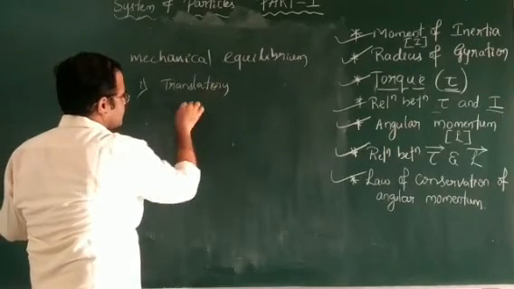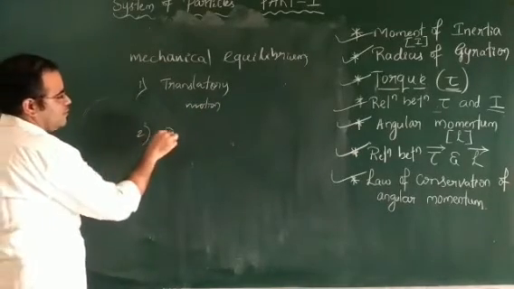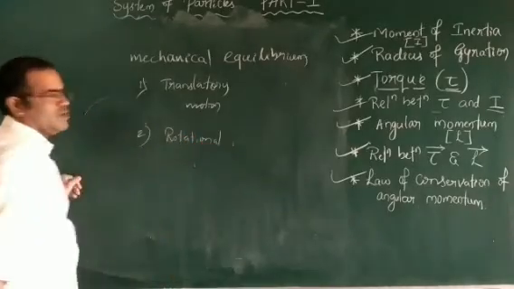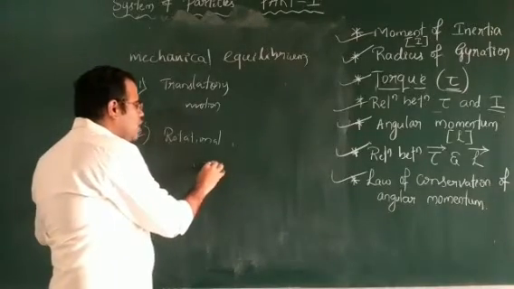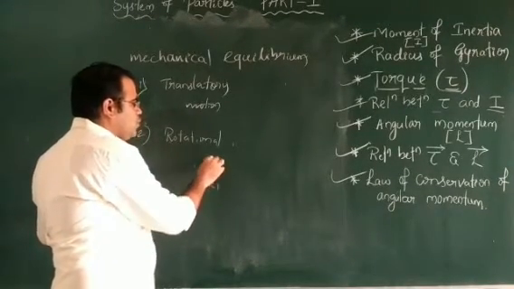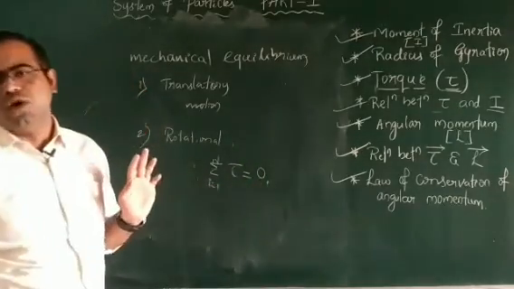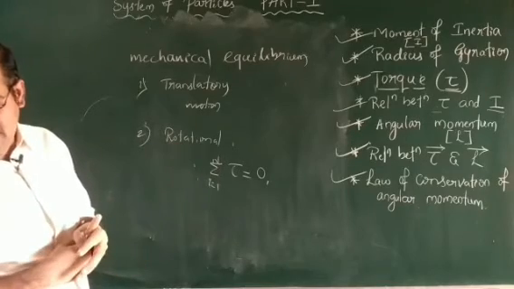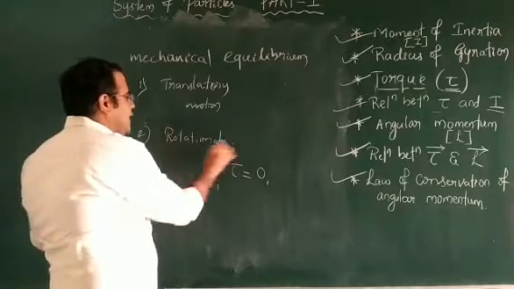The first one is translatory motion, and the second one is rotational motion. Whenever the net amount of torque acting on the object is 0, this is under rotational equilibrium.